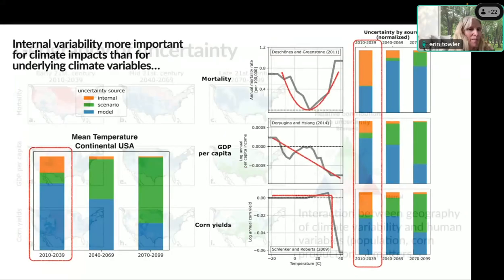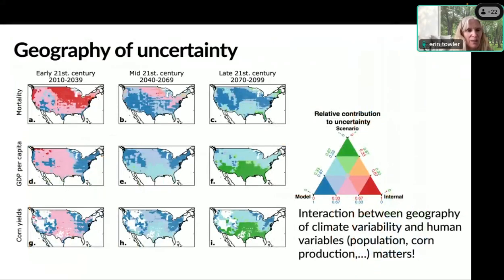And so maybe my kickoff question will be, if we're already talking about different sources and different geographies, what are the implications for communicating uncertainty varying by geography?